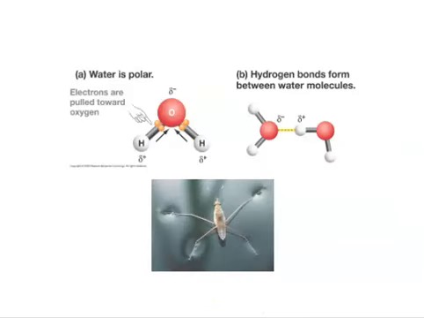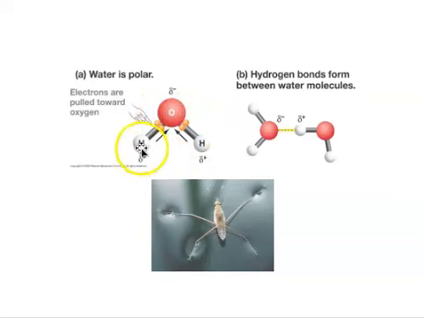Let's go back to water for a minute, because water is a great example of hydrogen bonding in action. Remember, water is polar. It contains partial charges, and so it's made up of polar covalent bonds. The oxygen atom is partially negative because it's drawing the electron pairs up close to it.